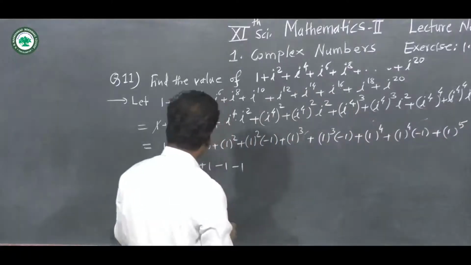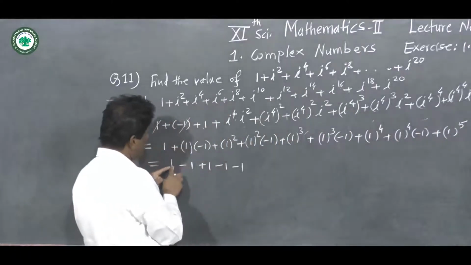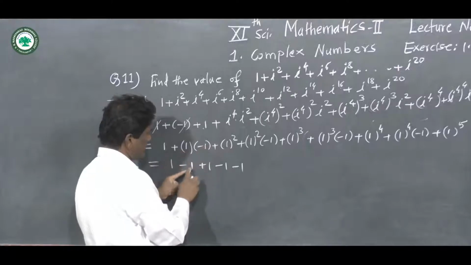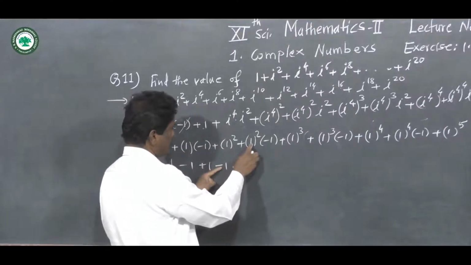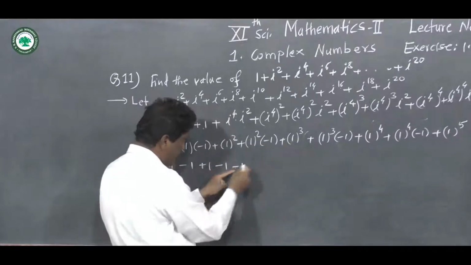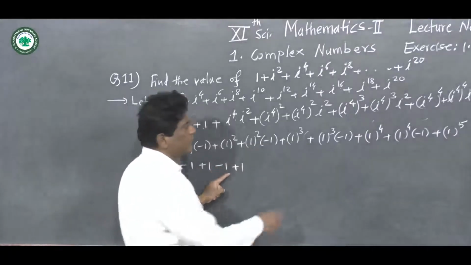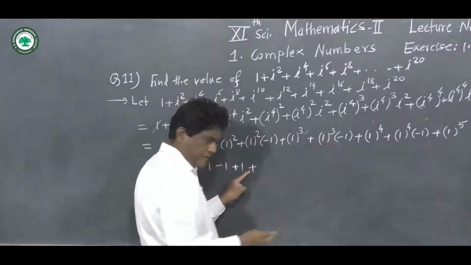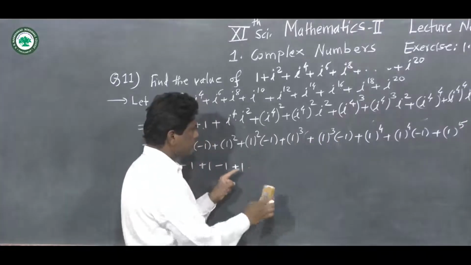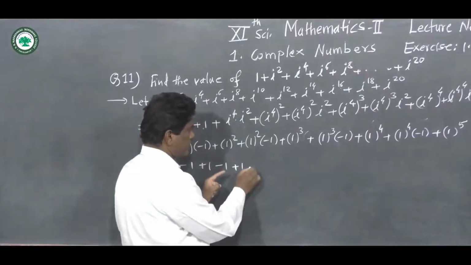And now here this 1, now plus 1 into minus 1 minus 1, plus 1 here 1 square 1 into minus 1 minus 1, and this plus 1. Now here next plus 1 cube is 1 into minus 1, that is minus 1. Here it is minus 1.